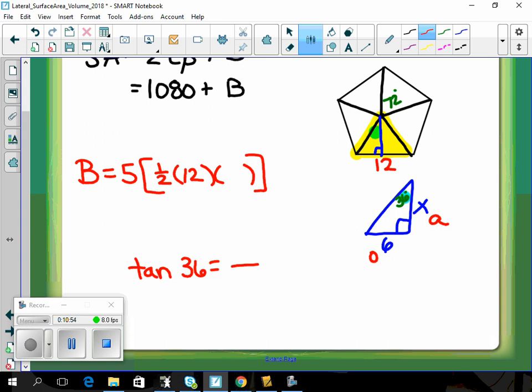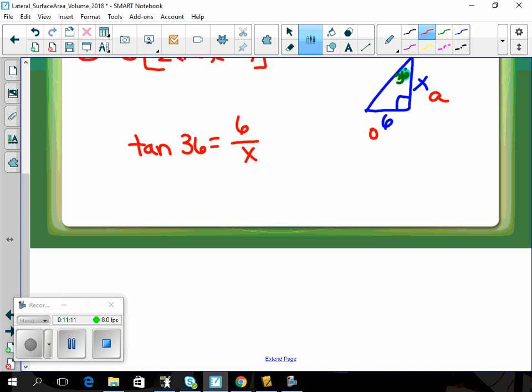What fraction is it? 6 over x. Good. Gosh, the x is on the bottom. That's just a 2-step process to solve for x, right? I have to multiply both sides by x, and then I have to divide by the tangent of 36.